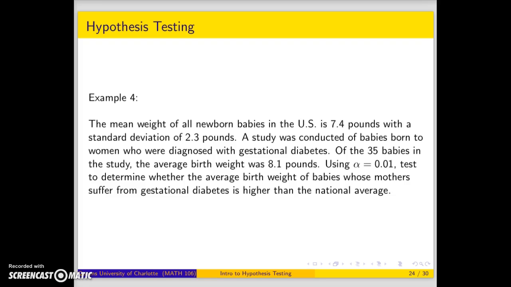So, of the 35 babies in the study, the average birth weight was 8.1 pounds. And they want us to use alpha equals 0.01 to determine whether the average birth weight of babies whose mothers suffer from gestational diabetes is higher than the national average.